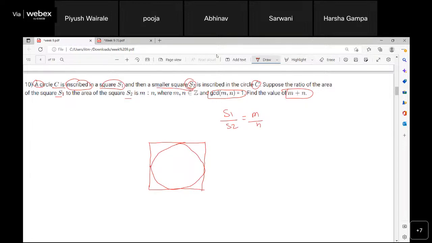Then a smaller square S2 is inscribed in this circle C. So this is my S1, this is my C, and again the smaller square is inscribed in C, and this is my center. This is my S2. So tell me what should be the ratio of S1 by S2?